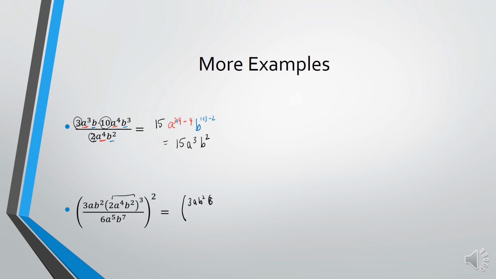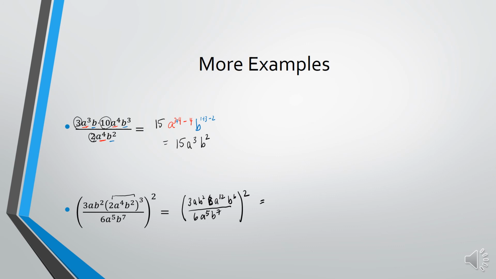We don't really need parentheses. So 8a to the 4th, and then cubed. Remember that means multiply, so a to the 12th. B squared and then cubed. Again, that means multiply, so b to the 6th. All over 6, a to the 5th, b to the 7th, and that's going to be squared.